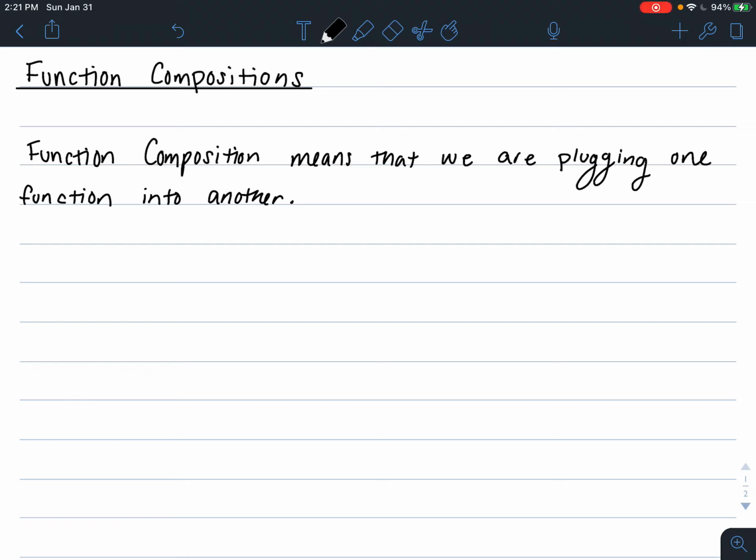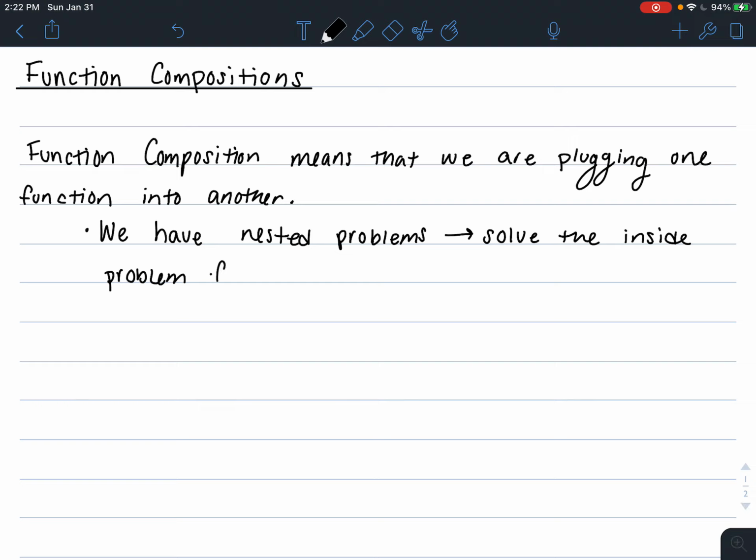In other words, what this means is that we have nested problems, which just means that there's one inside of the other. And what we're going to do is solve the inside problem first, and then use that answer to solve the second problem.